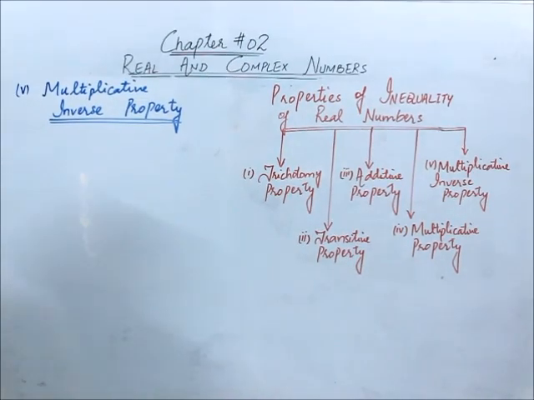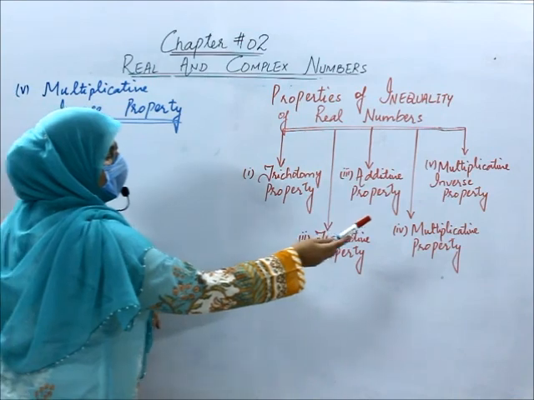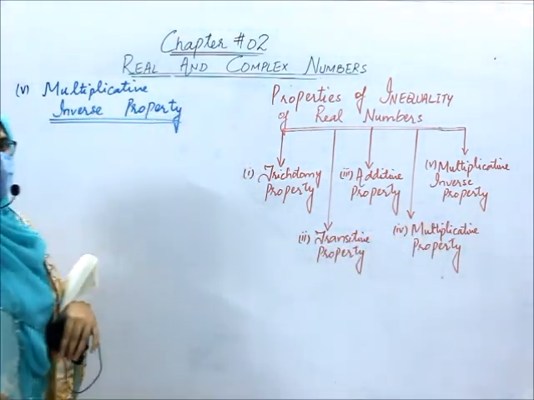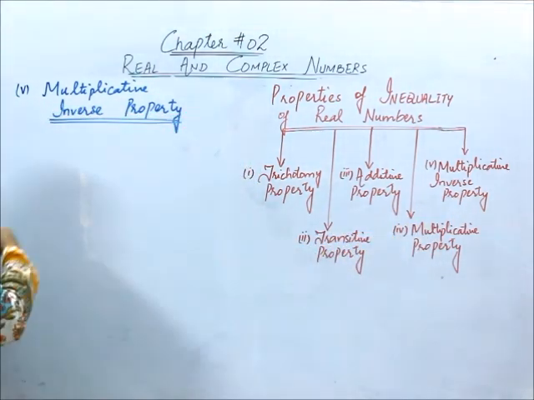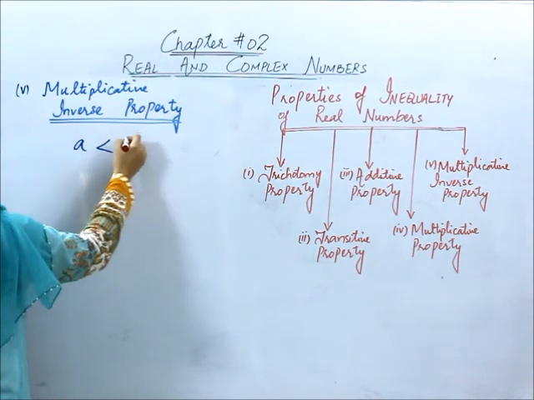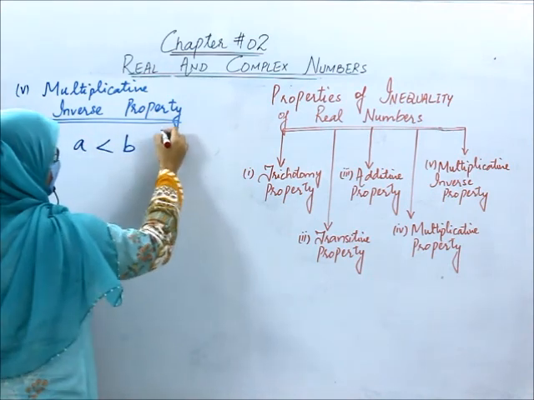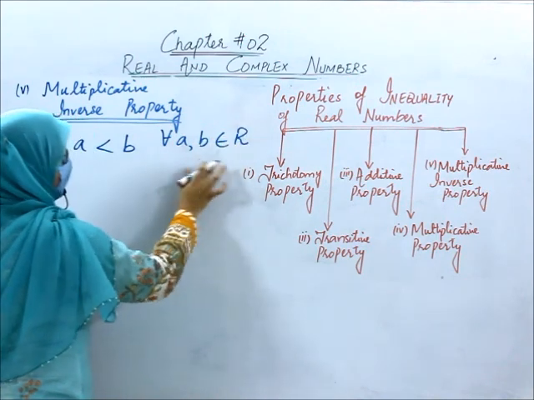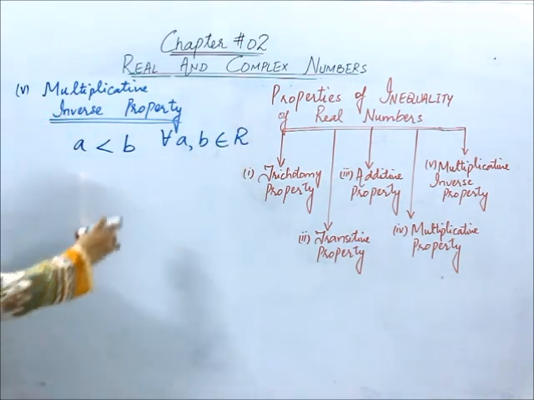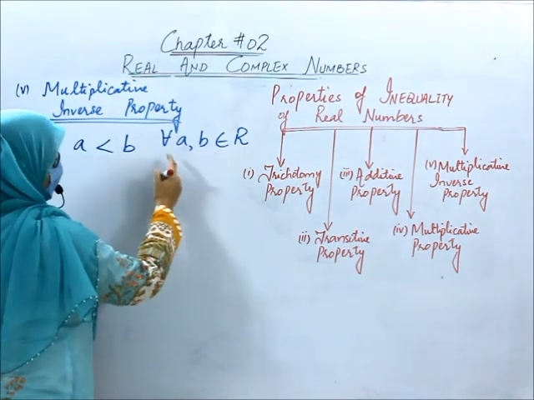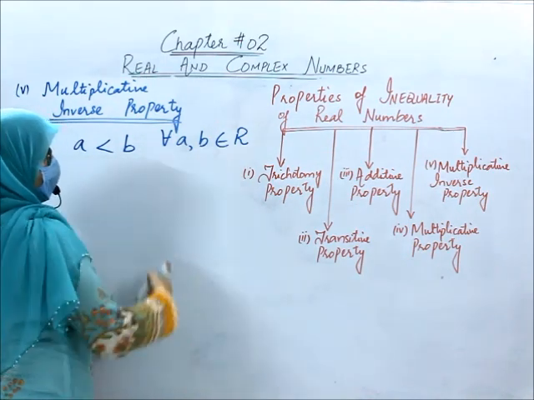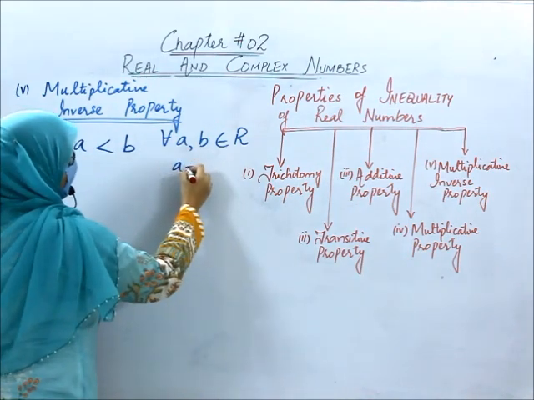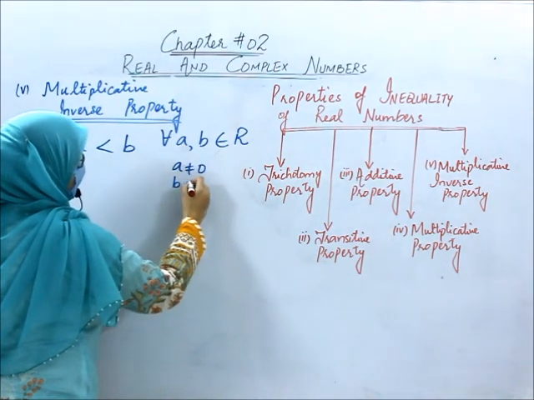Okay, the last property of the inequality of real numbers is the multiplicative inverse property. This property says if you have a relation A is less than B for all A, B which belongs to the set of real numbers. Fine, this is for all and this is for belongs to. For all A, B which belongs to the set of real numbers, and A and B should not be equal to 0.